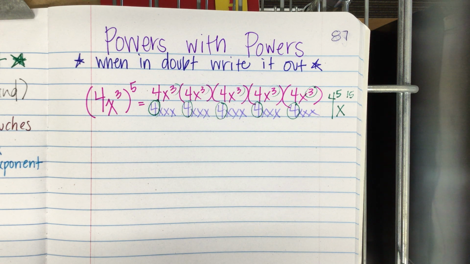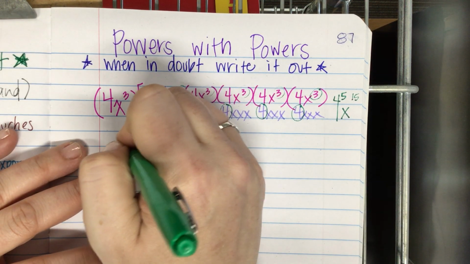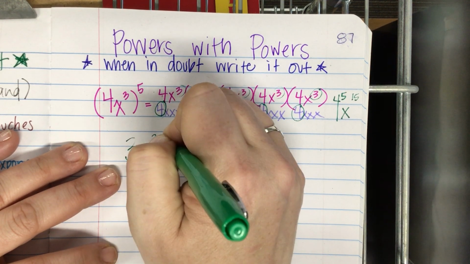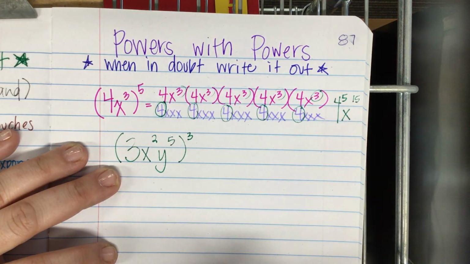Let's try a little bit bigger. Let's combine some information. Let's do 3x squared y to the 5th, to the 3rd.